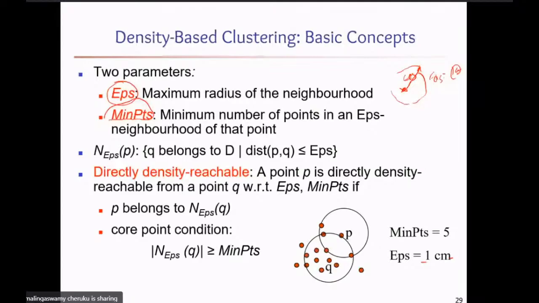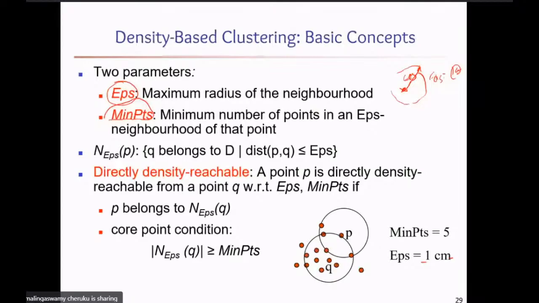Now see, what is the advantage of this reachability distance? In this OPTICS algorithm, we will find the reachability distance of every point.